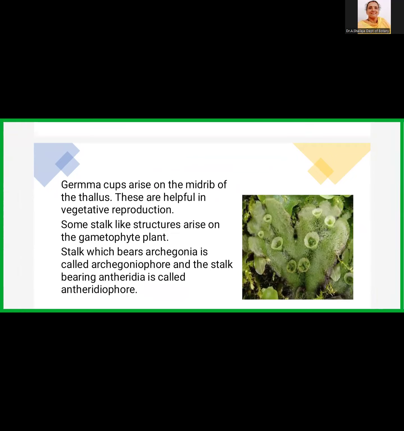Some stalk-like structures, looking like umbrella-like structures, arise on the gametophytic plant. The stalk which bears archegonia is called archegoniophore, and the stalk bearing antheridia is called antheridiophore. Okay, have you all understood? What is the antheridiophore? What is the archegoniophore?